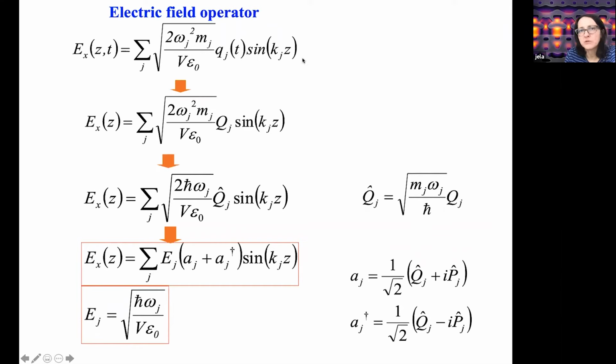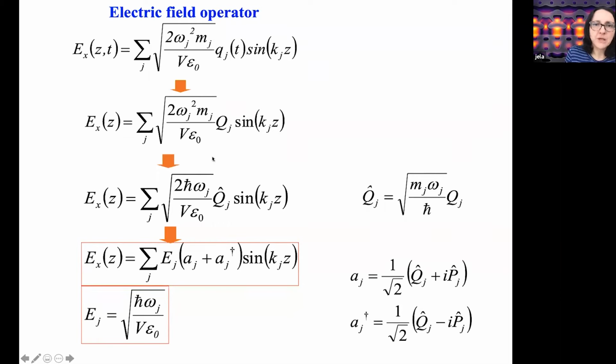So what is important to note is that the spatial dependence of electric field is preserved. It's still there, right? So the electromagnetic field that you solve classically is still there. There is an operator that is replacing the time dependence of the field, or the variable that was analogous to the position.